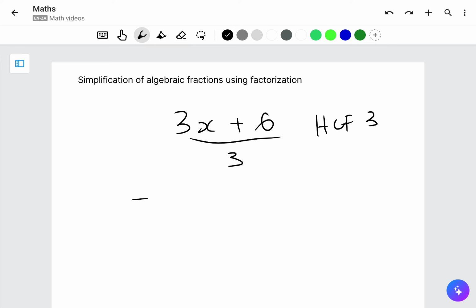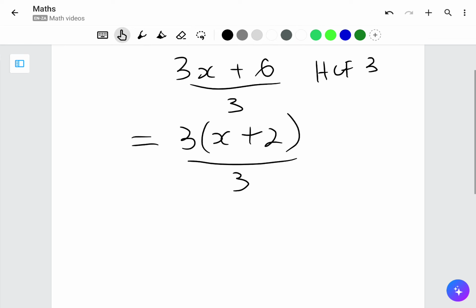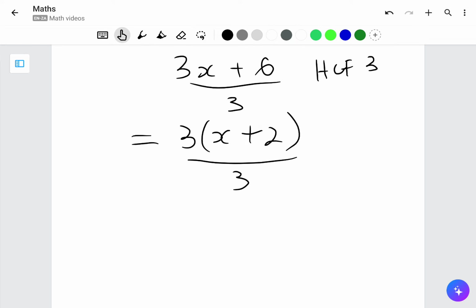So let's complete the sum. If we take out a highest common factor of 3, what are we left with? We're left with x plus 2 over 3. Remember, the denominator is still in place. As we can see now, that 3 goes into itself once, so it cancels.